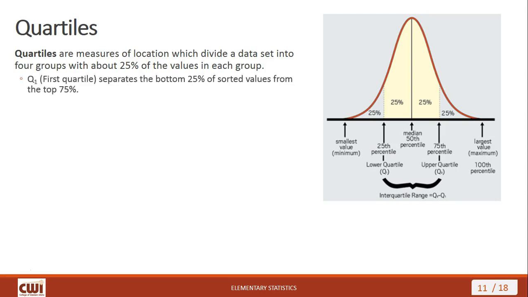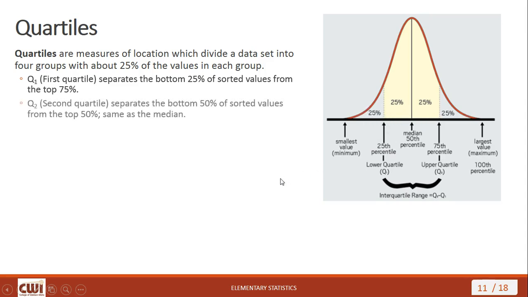So the first quartile, symbolized with Q sub 1 or Q1, separates the bottom 25% from the top 75%. So here we've got the bottom 25% in our distribution, separating it out from the top 75. Q2, which is the second quartile, separates the bottom 50% from the top 50%. This is the same as the median value.